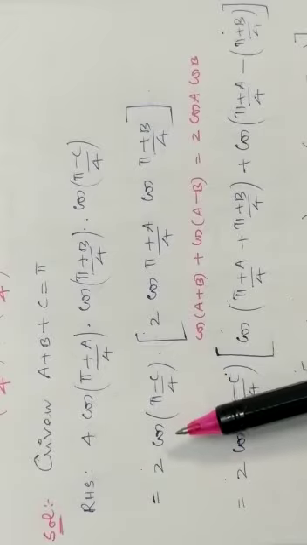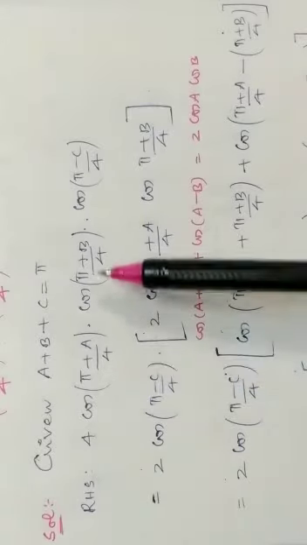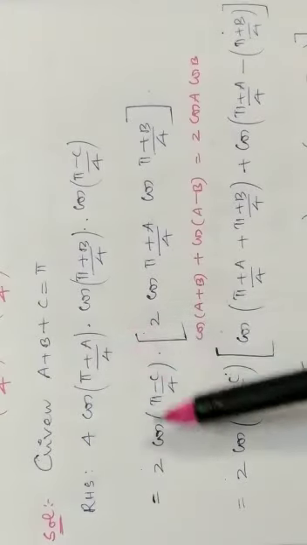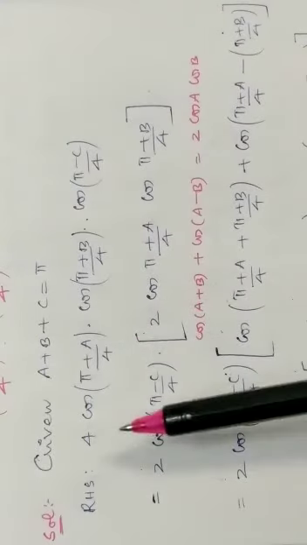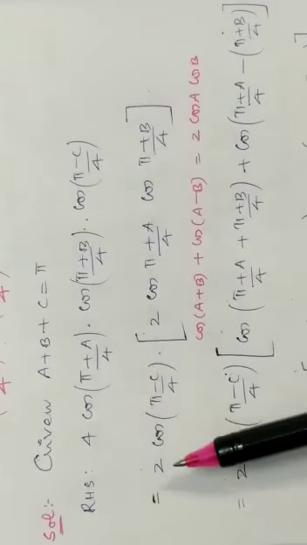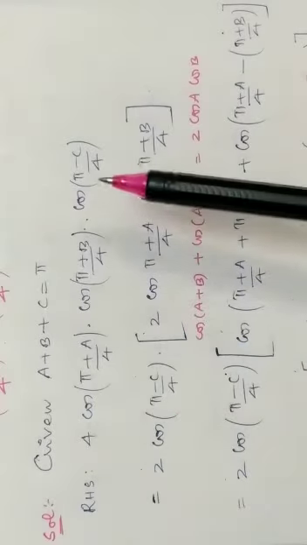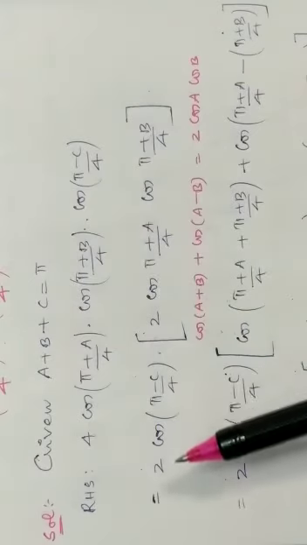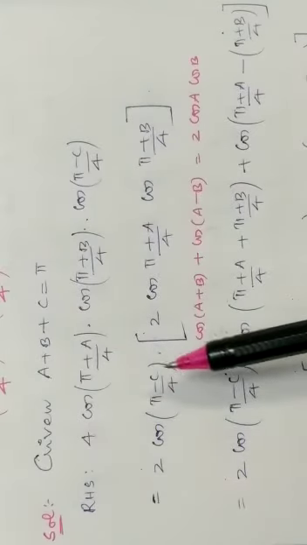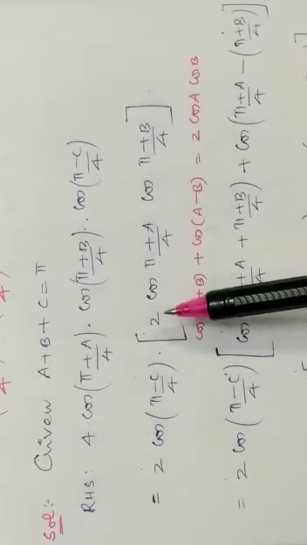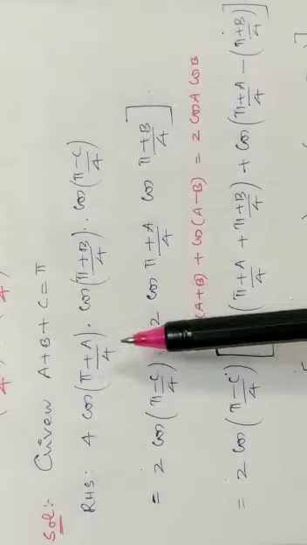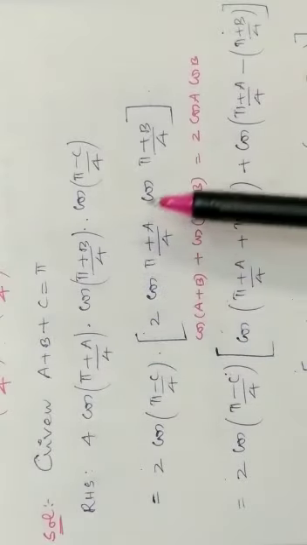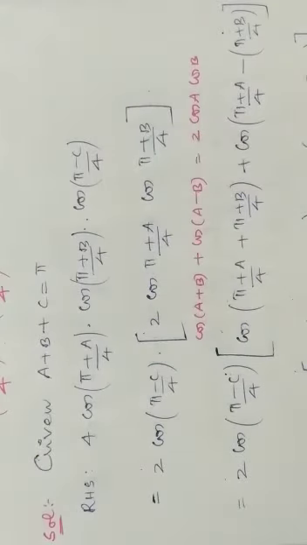First of all, I want to use these two terms. So, 2 cos((pi - C)/4) into 2 cos((pi + A)/4) cos((pi + B)/4).